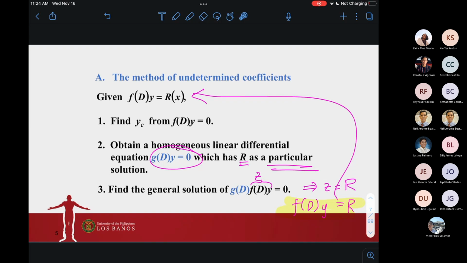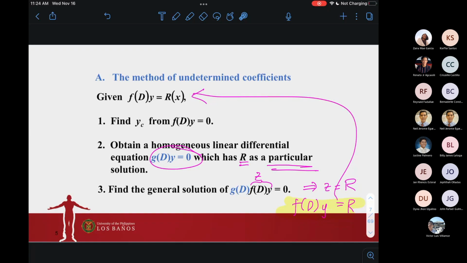So, hindi natin magagawa yung step number 2 kasi napakalimitado ng ating capability to carry out step number 2, specifically for nice functions R na na-discuss natin before. Na meron kang exponential, meron kang trigonometric. When I say trigonometric, meron kang sines and cosines.